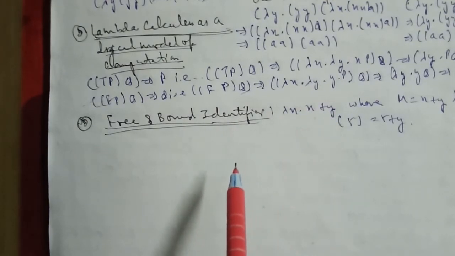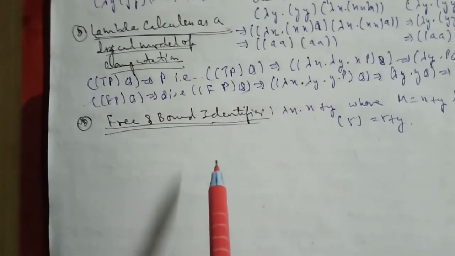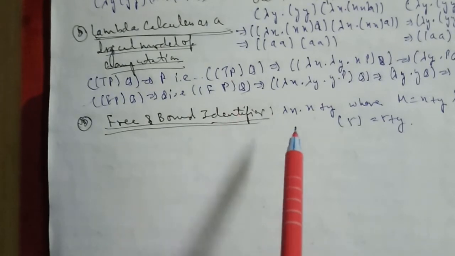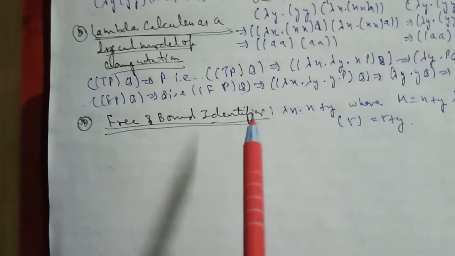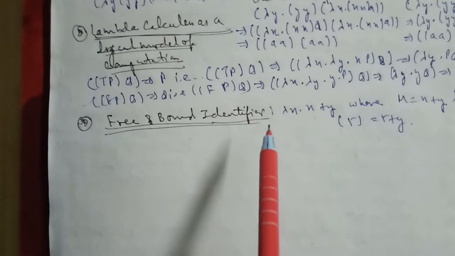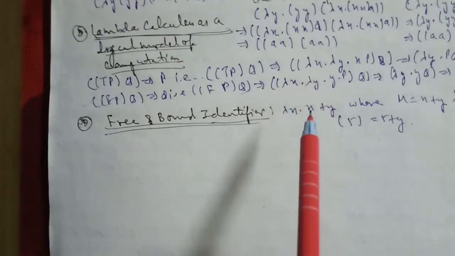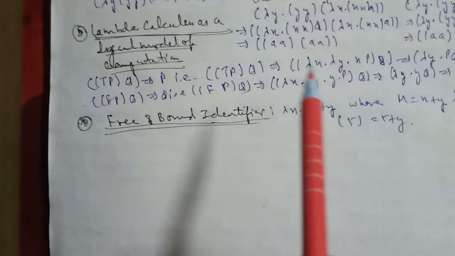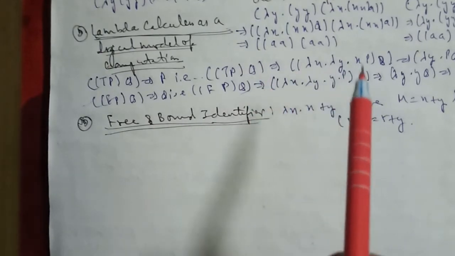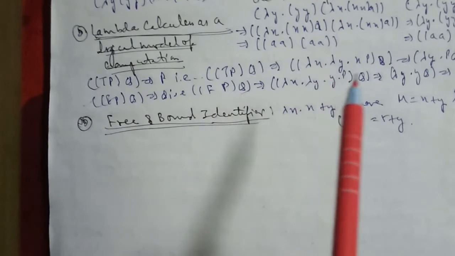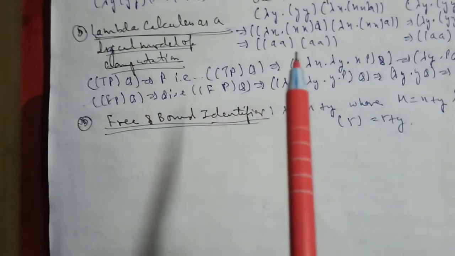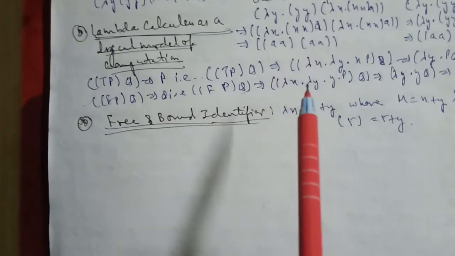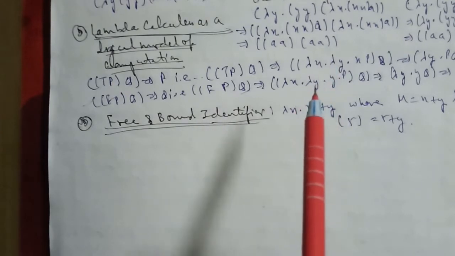For example, lambda y dot lambda x dot x y z here, where x and y are the bound identifiers, in terms of lambda x and lambda y respectively. The free identifiers may not be renamed without changing the value of an expression within which they occur, and in a valid complete lambda expression, all identifier occurrences must be bound as well.